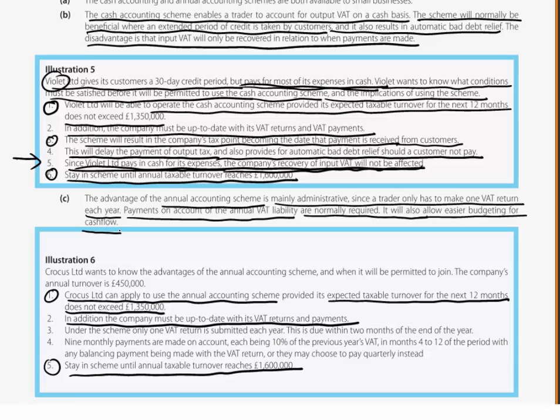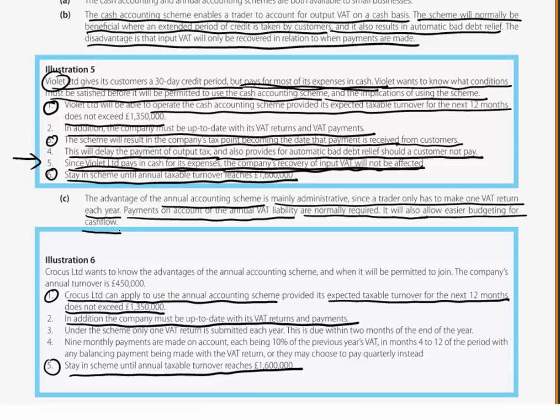We would normally be able to bring the VAT year into line with our accounting period, and we could therefore budget for regular monthly payments. Now, when and how many of those monthly payments are made, we'll see in a moment in terms of illustration 6. But it will make cash flow budgeting a whole lot easier in terms of the majority of the year.